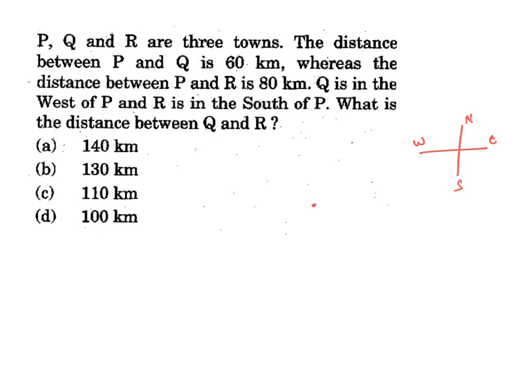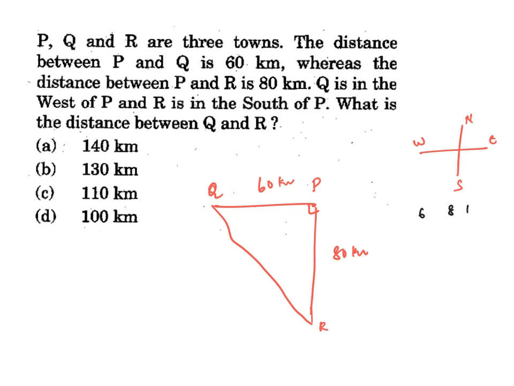If I take P here, it clearly says Q is west of P, and R is south of P. PQ is 60, PR is 80. Using a right angle triangle, for the distance QR, obviously we know 6, 8, 10, 60, 80, 100 are the triplets. So it is 100 kilometers.